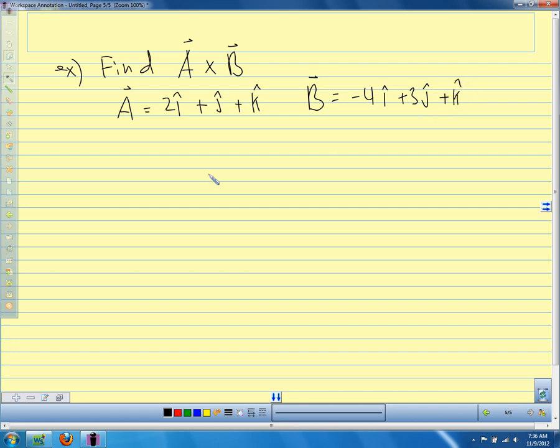So I'm going to use the determinant form. A cross B is the determinant with rows i j k, 2 1 1, negative 4 3 1.